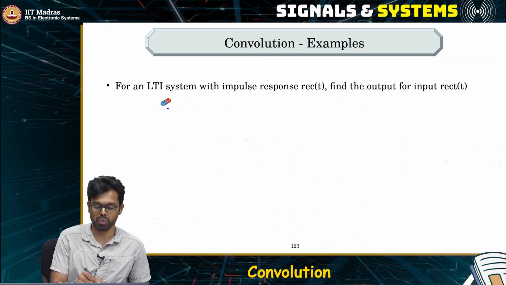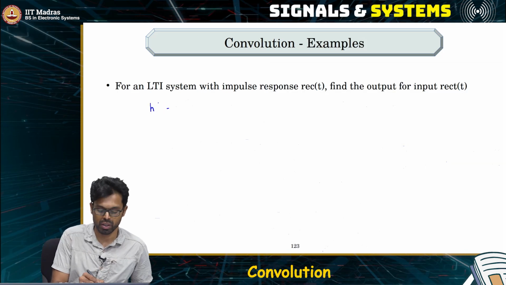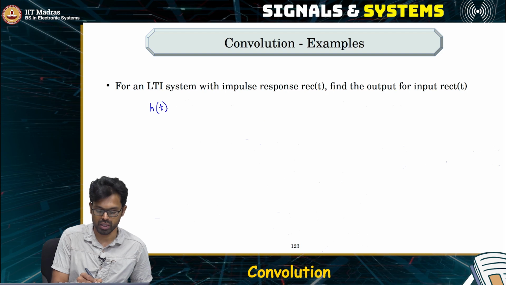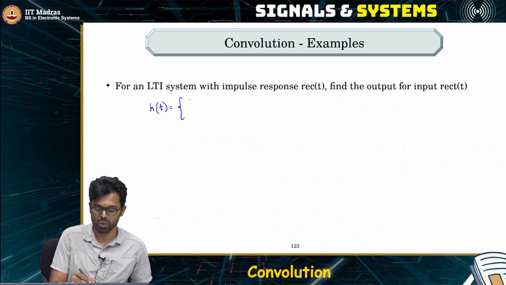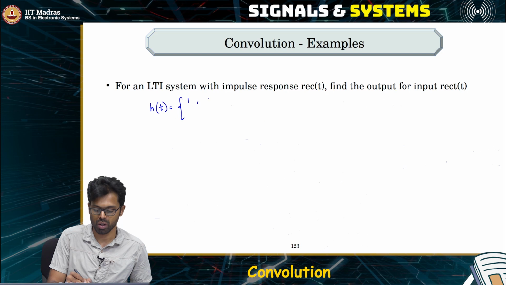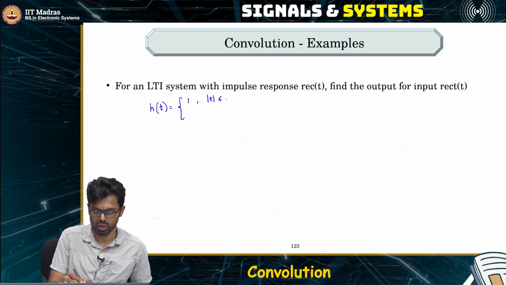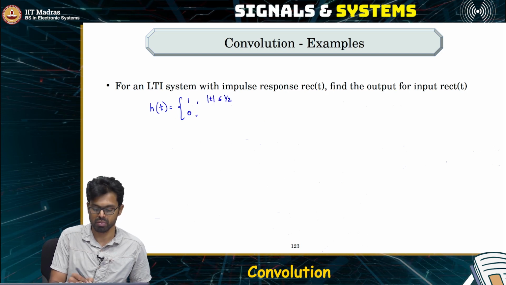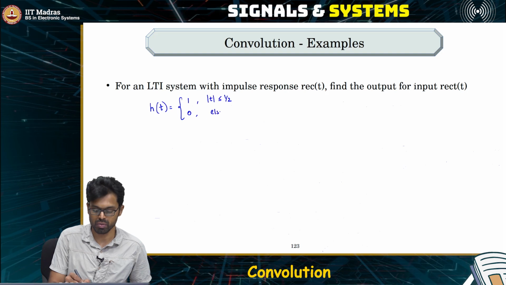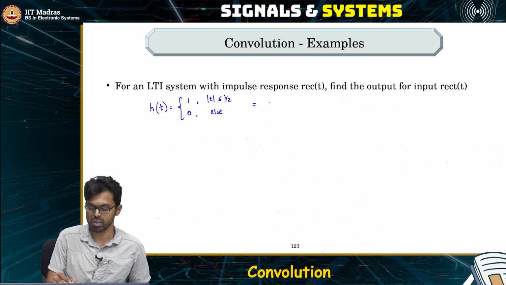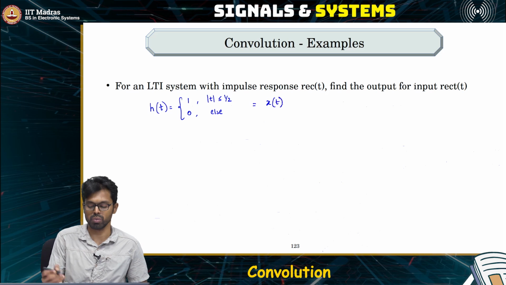So what we have here is the impulse response h of t equal to 1 for t less than or equal to half and 0 otherwise, which is the same as the input also.